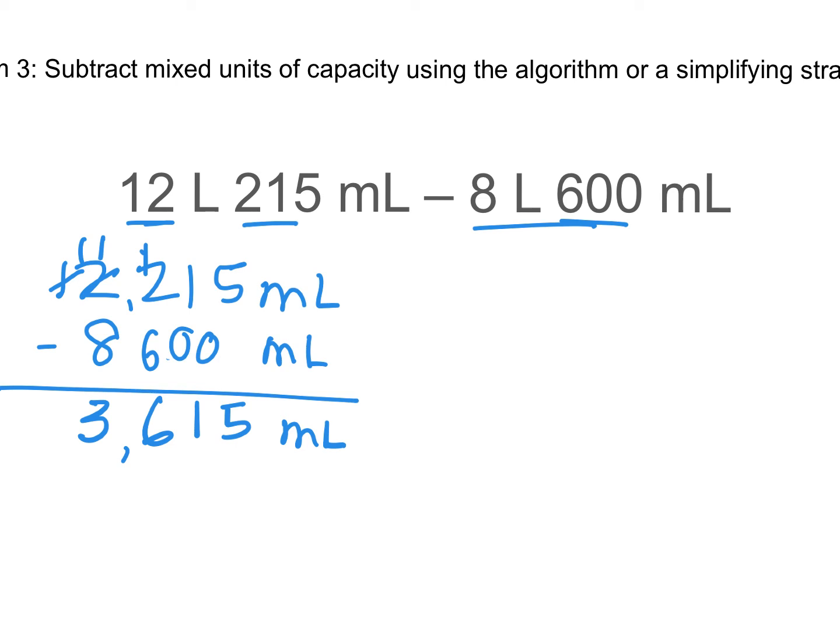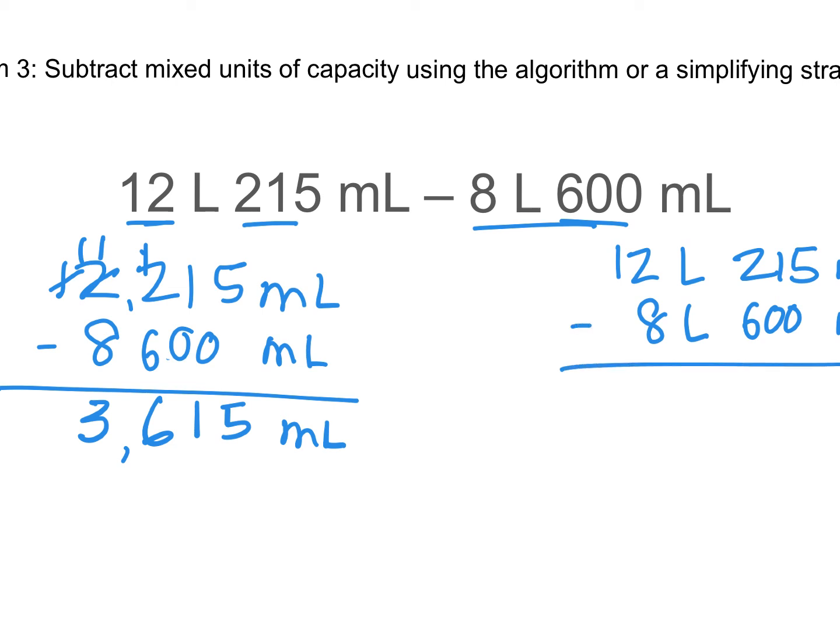Let's see if that confirms, if we can stick with that doing our other problem. So if we decided to keep it as 12 liters, 215 milliliters, and 8 liters, 600 milliliters, you can see that we have a problem because we can't say 215 milliliters minus 600. So we're going to have to regroup.